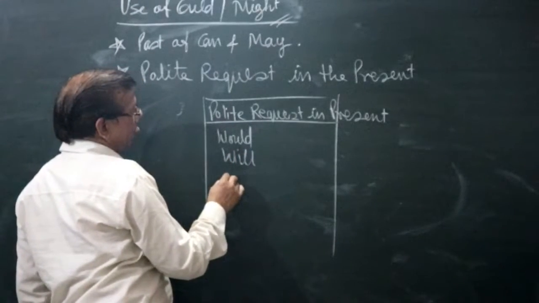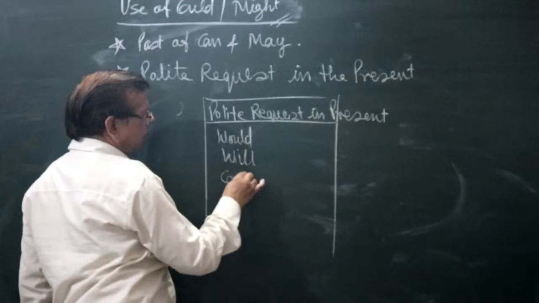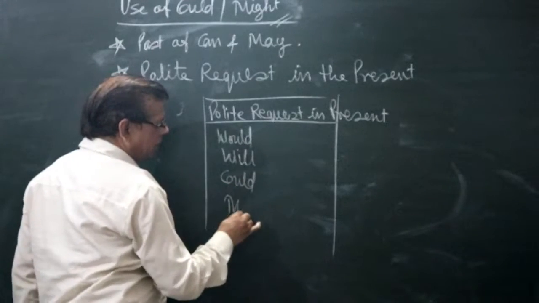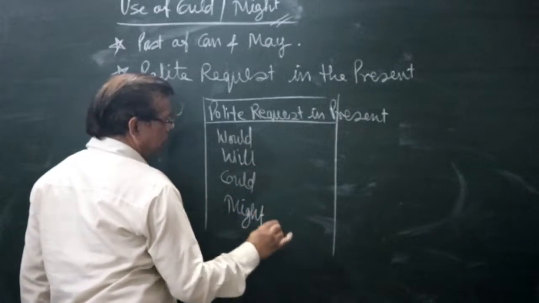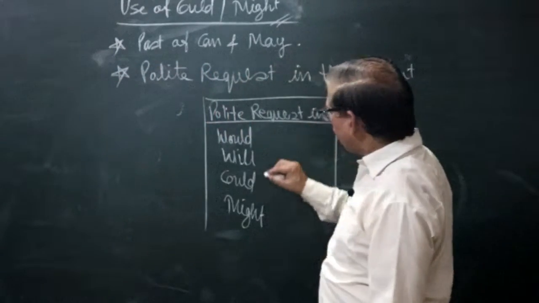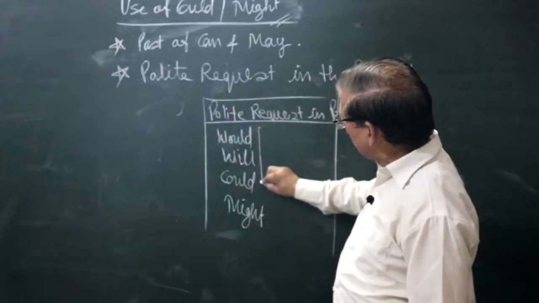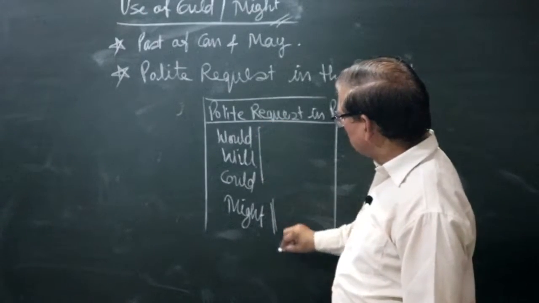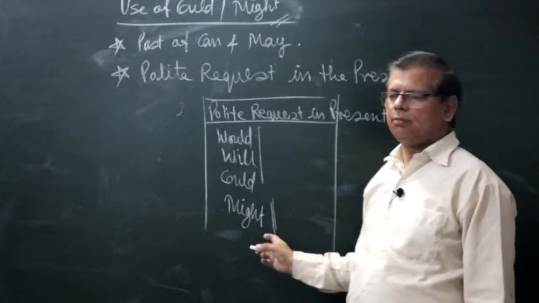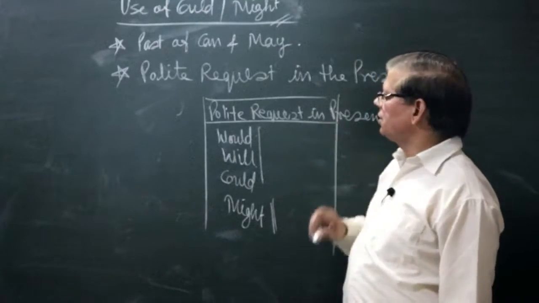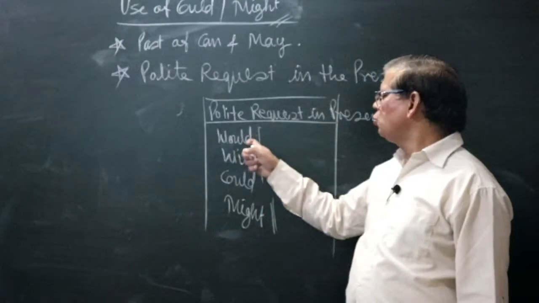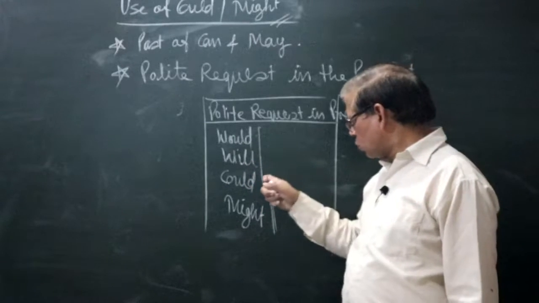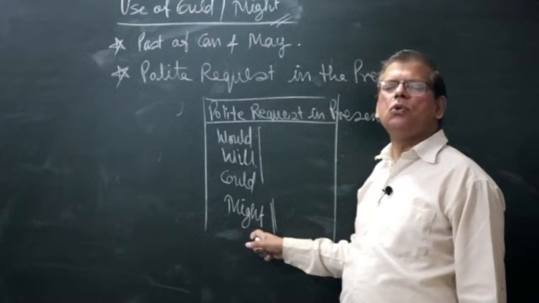We use could. We use might. Formally, we use will, would and could, but it is not generally used as a polite request in the present. Generally we use would, will, sometimes could also, but might is most rarely used.